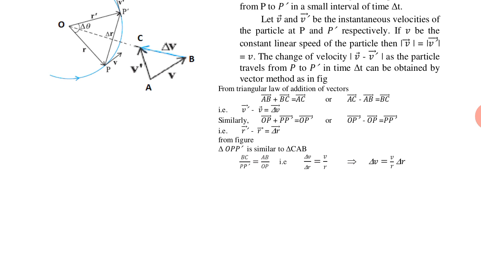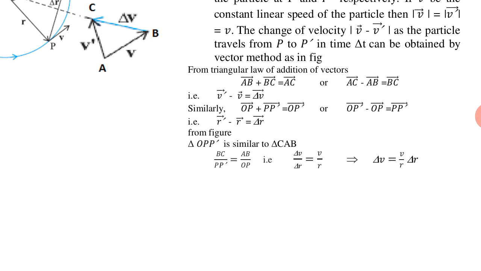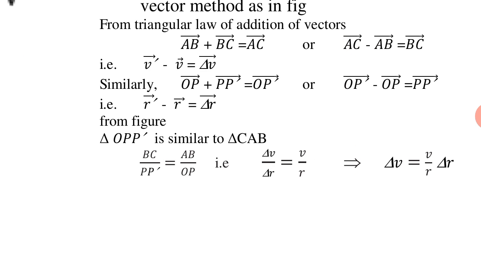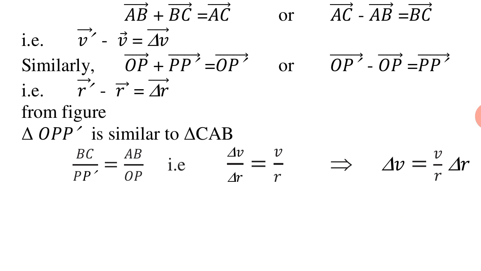So here we can write BC divided by PP dash, and here AB is V, okay, and OP is R. So from that we can write it as, see, BC divided by PP dash equal to AB divided by OP.